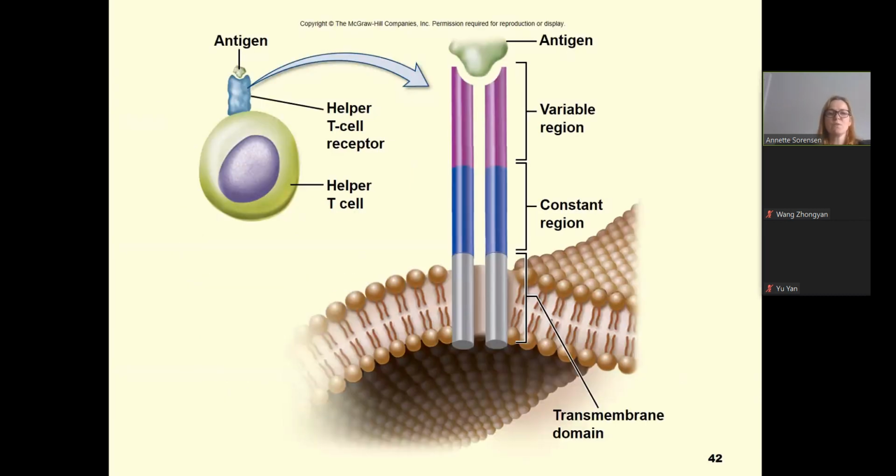This is just really showing you. So we've got, in this case, a T helper cell. And you can see that it's got a transmembrane receptor. Again, we've got a constant region, we've got a variable region, and the antigen obviously binds to that variable region.